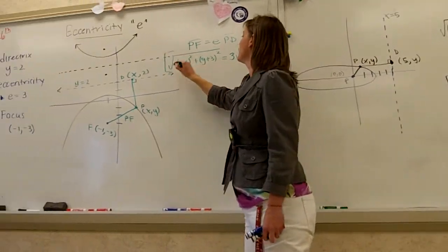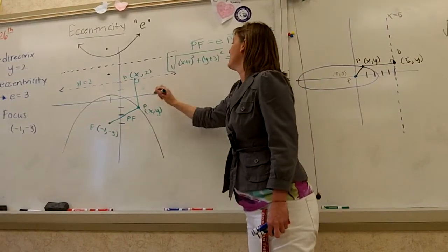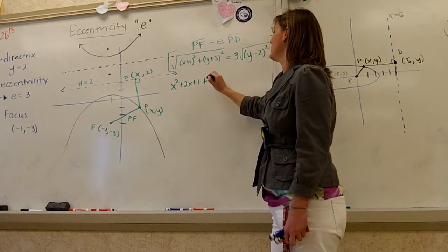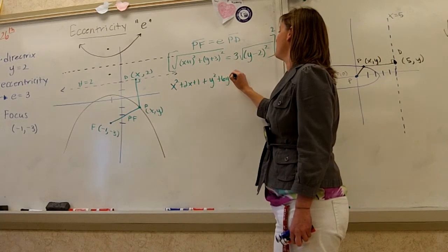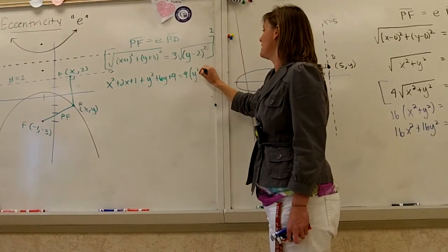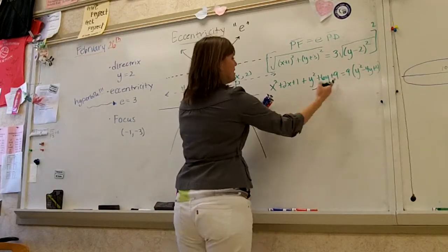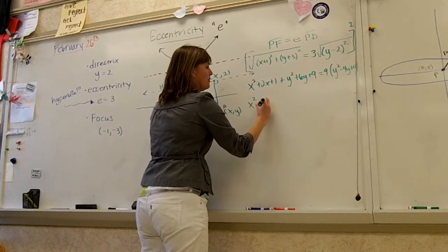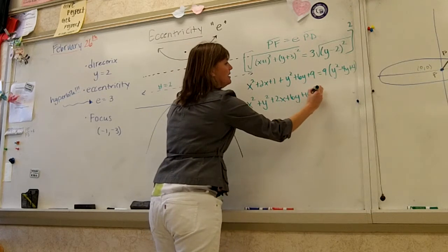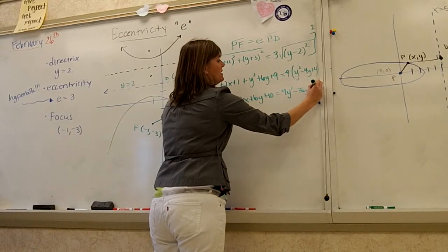So I get x plus 1 squared, the first one squared, twice their product, plus the last one squared, plus y plus 3 squared, the first one squared, twice their product, plus the last one squared, equals 9 times y minus 2 squared, expanded the same way. Cleaning this up by combining terms: x squared plus y squared plus 2x plus 6y plus 10 equals 9y squared minus 36y plus 36.